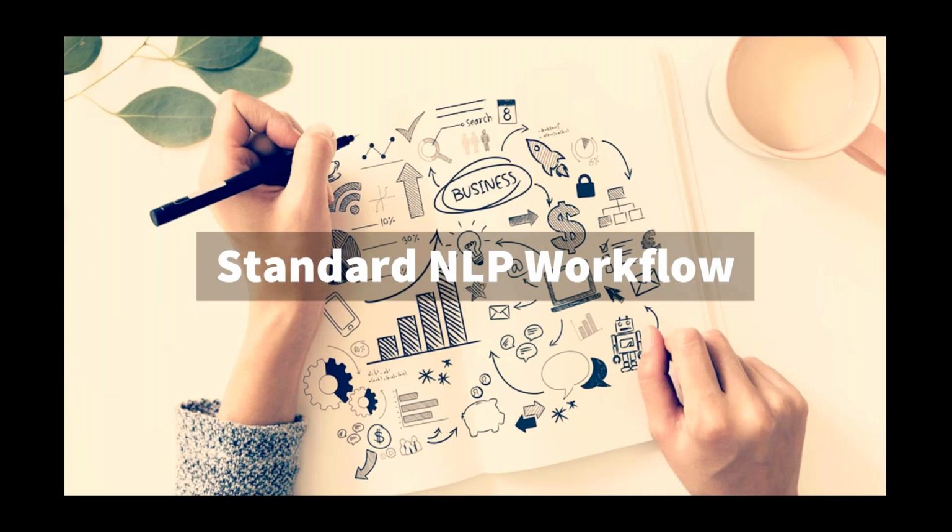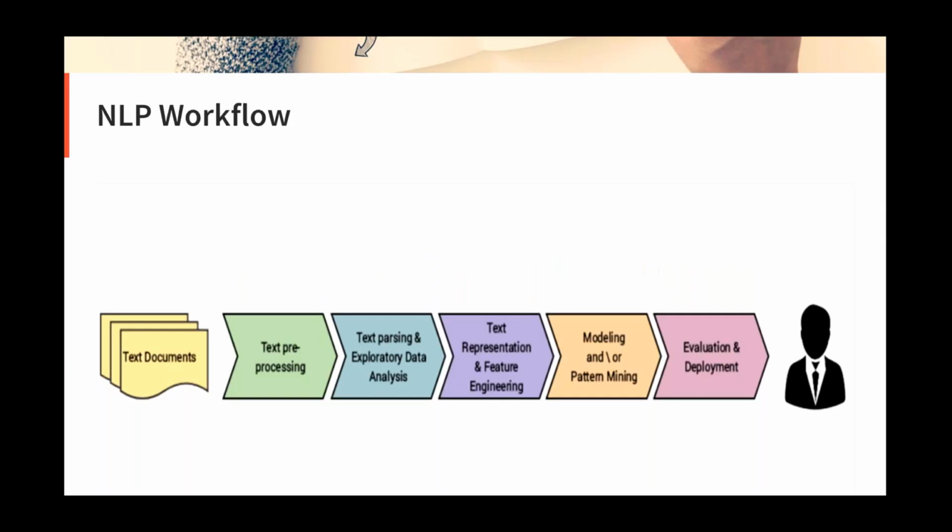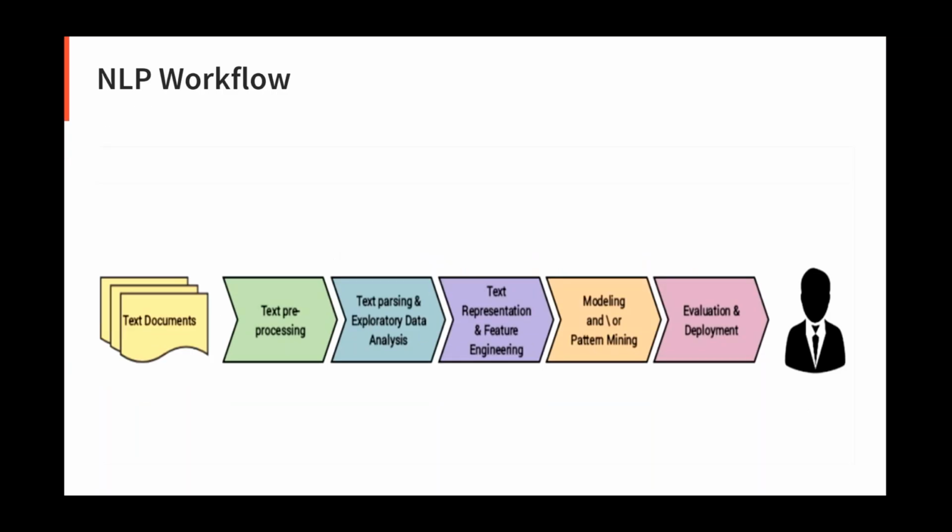So what is a standard natural language processing workflow you can follow for any mainstream project, let's say, which you want to take with regard to NLP? So this is the general workflow which I follow. And this is pretty much a standard based on the CRISP-DM model, which many of you might be familiar with, right?